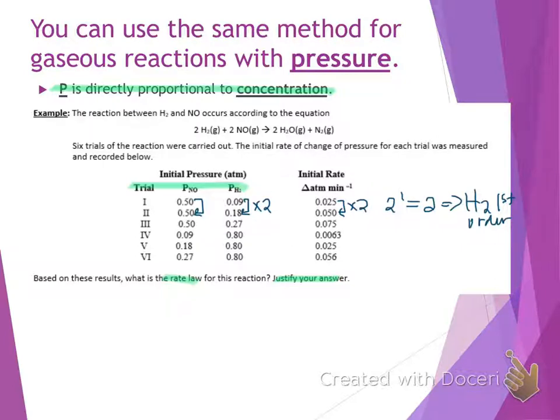From trials 1 to 2, we just have that straight up doubling that caused our rate to double. So 2 to the first power is equal to 2, therefore H2 is first order. We would want to include this in our justification, so we can go ahead and justify that part.